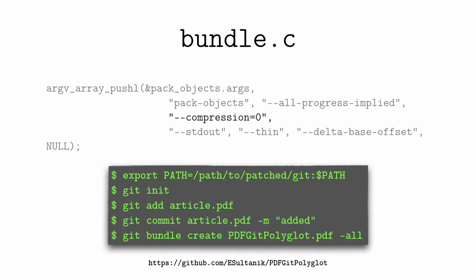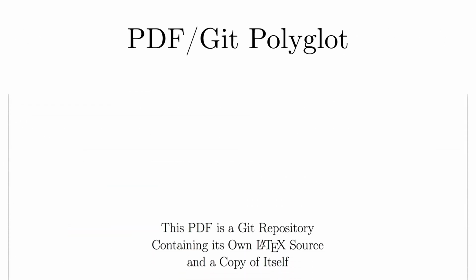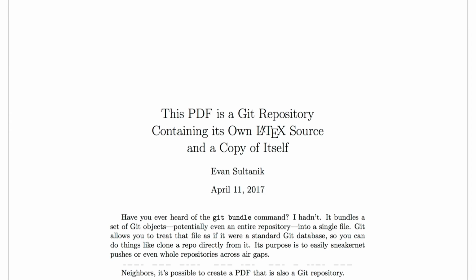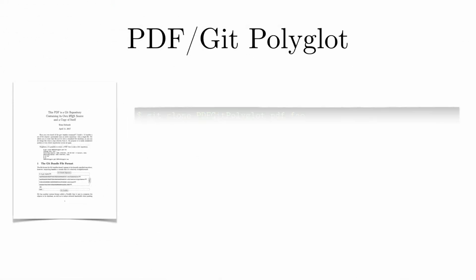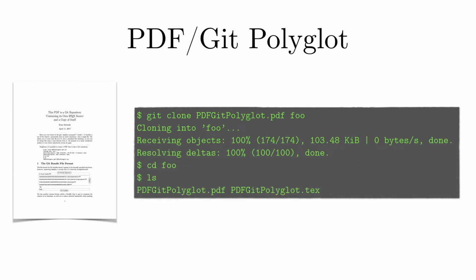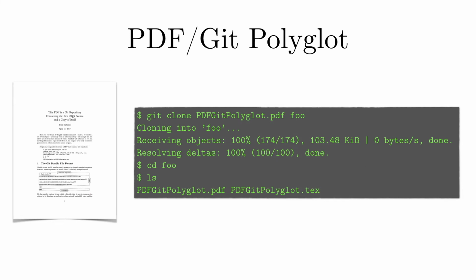And any vanilla unpatched version of Git will be able to clone from it. So what you end up with is, here I have an article describing how I did this. That article is a Git bundle, a Git repo, that if you clone, contains the LaTeX source code for itself and also a copy of itself.